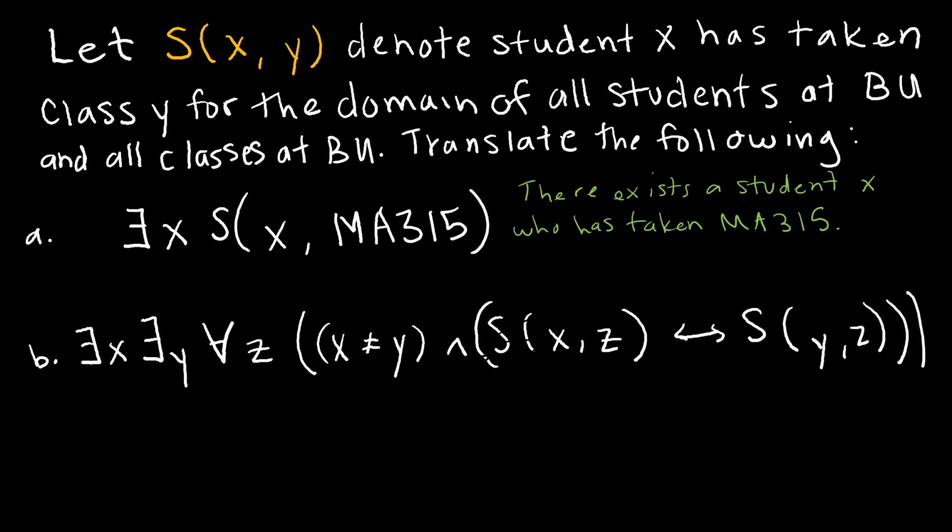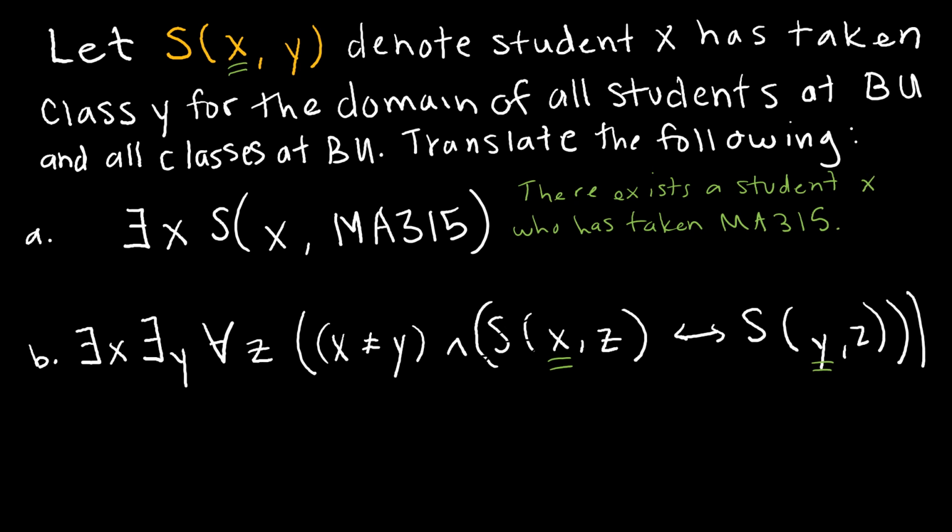The second one, this one gets a little crazy. I'm throwing in x, y, and z. And is that fair? Well, sure it is. So this one says there exists an x and there exists a y such that for all z, x does not equal y, and S(x,z) if and only if S(y,z). Well, great, but what does that actually mean? So what I know is x is a student and y is a student, and I know that because the first term always has to be a student.